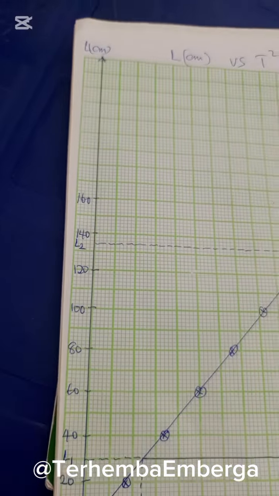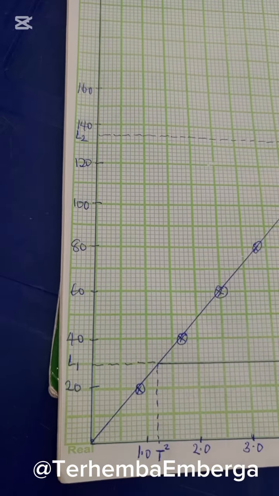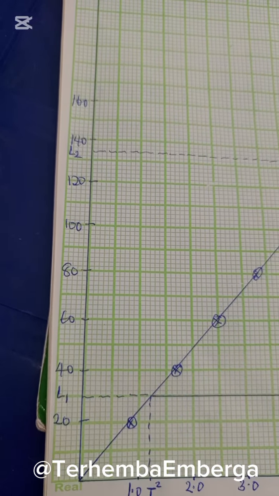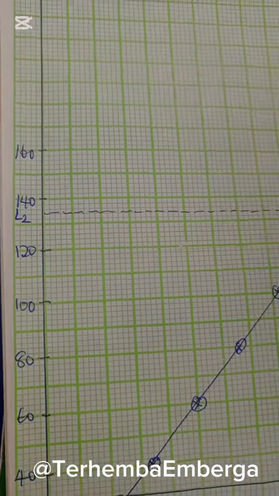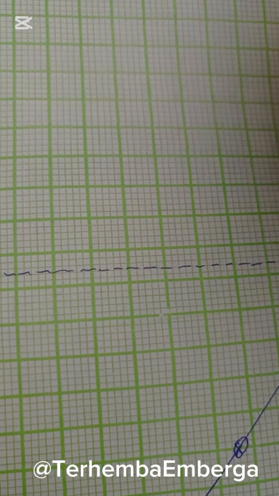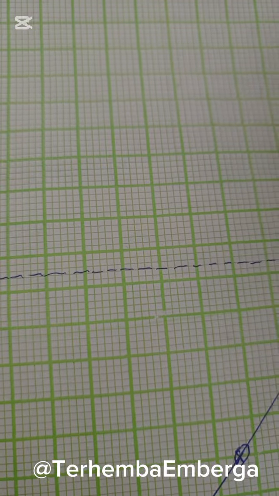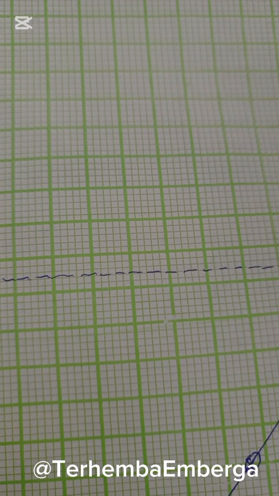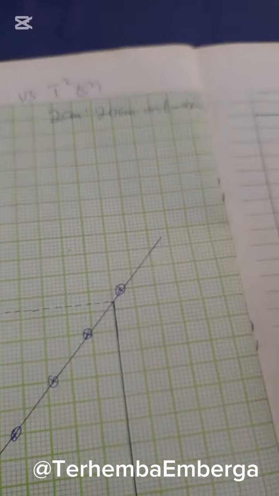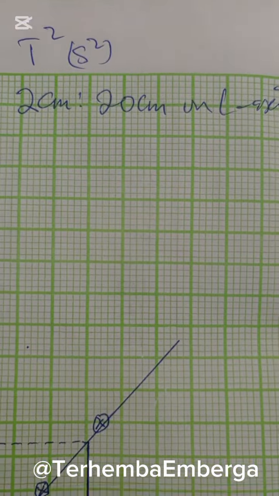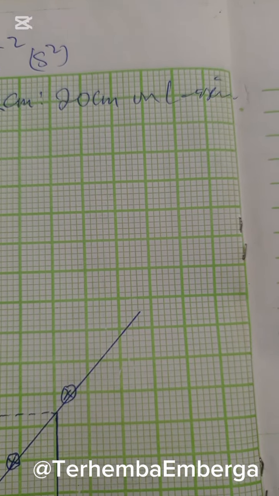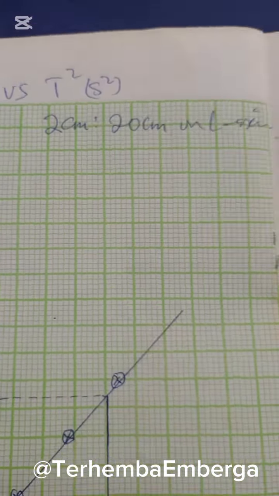On this L axis, we have 2 cm to represent 20 cm, because L is in cm.